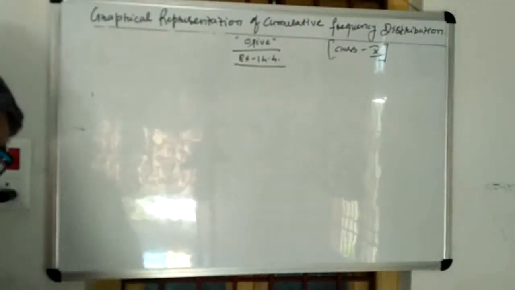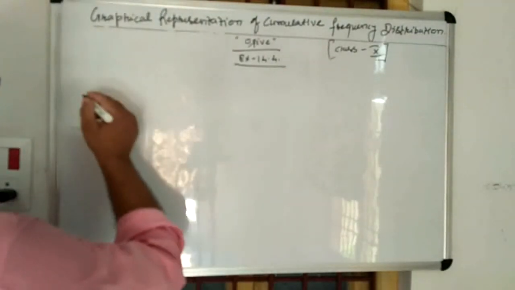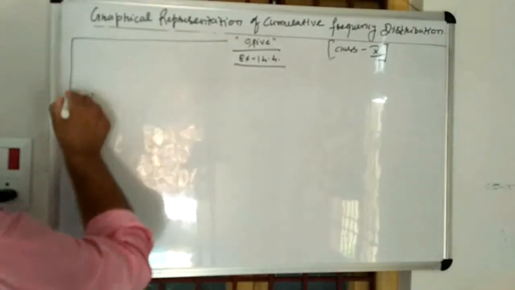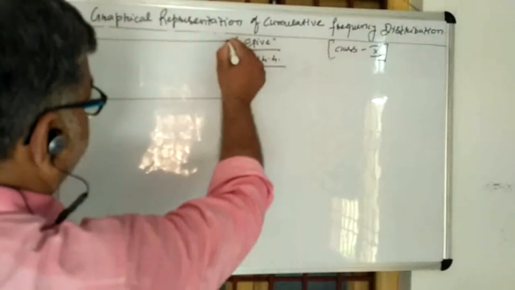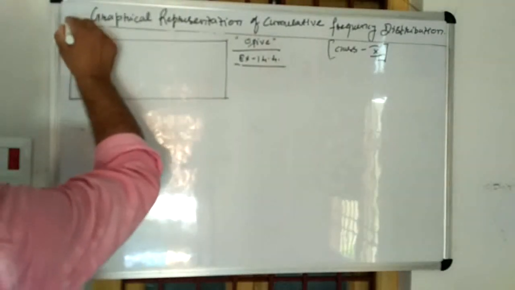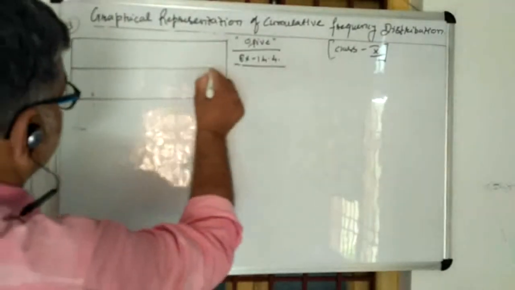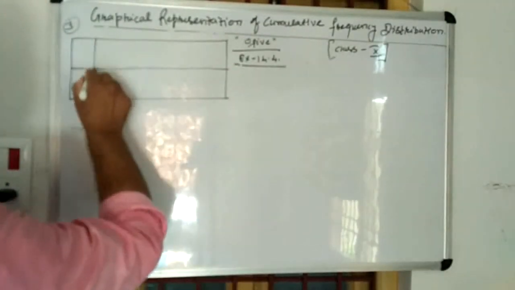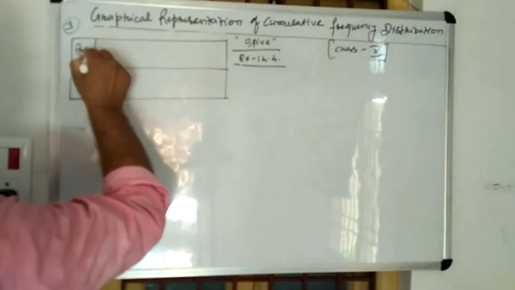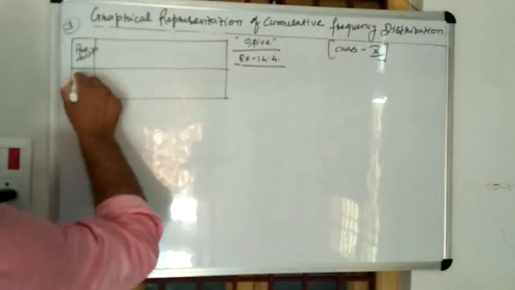So first we will draw the table. Suppose this is your question number 3. Production and number of farms.